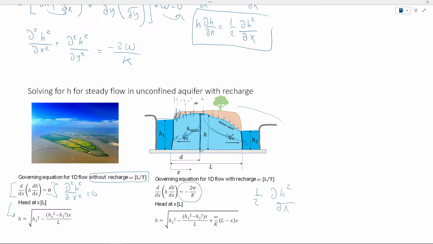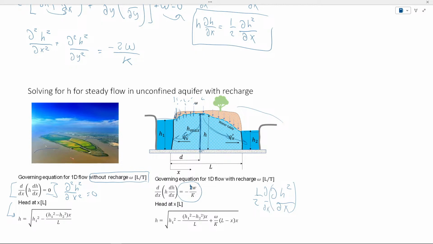Yeah, that's also partial x. Okay, which means that this two shouldn't be there.